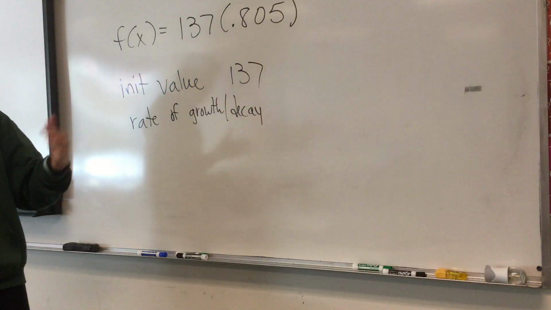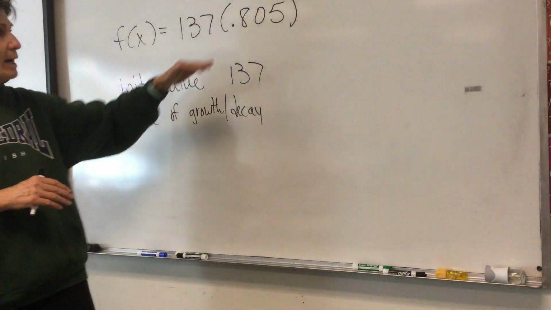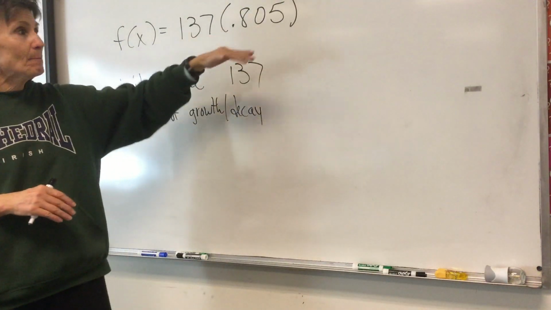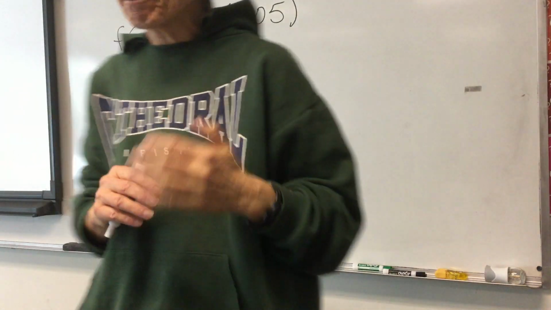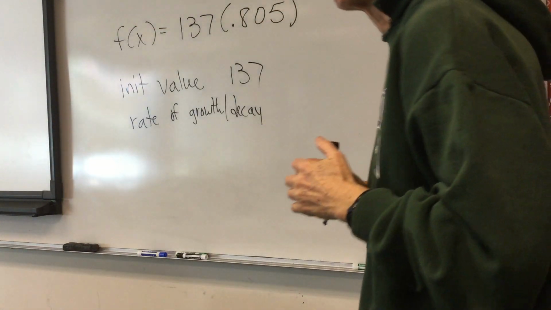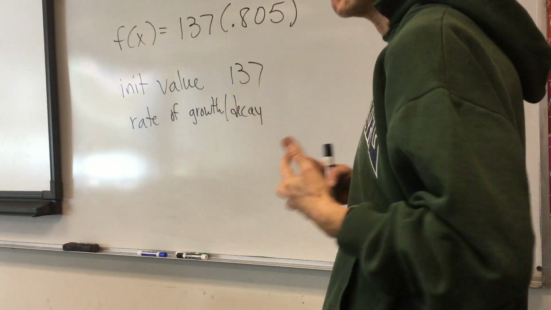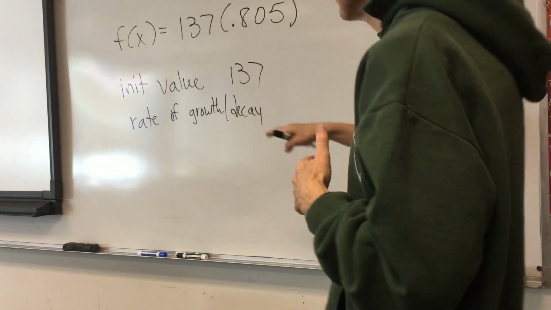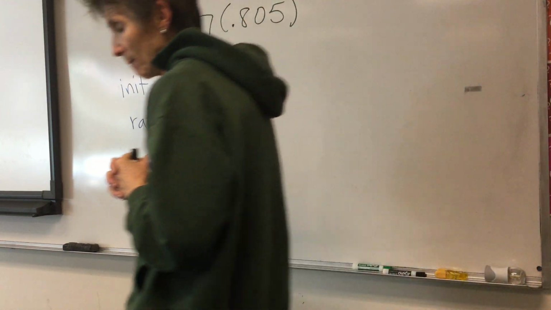So you're going down, down, down, down, down. Now, I kind of gave it away. If I am multiplying by 80.5%, that's what I'm keeping. I'm keeping 80.5%. What is my rate of decay? What am I losing?